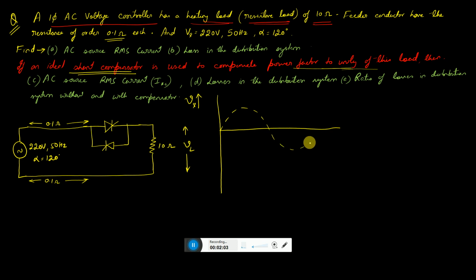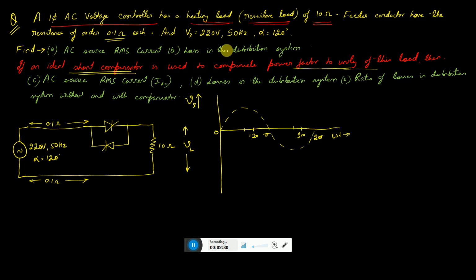That's what the input voltage looks like, a sinusoidal voltage, with the x-axis omega t, and this side is pi and 2 pi. So obviously this is 90, this side will be 120 degrees, and this is 270 and this will be 300 degrees.